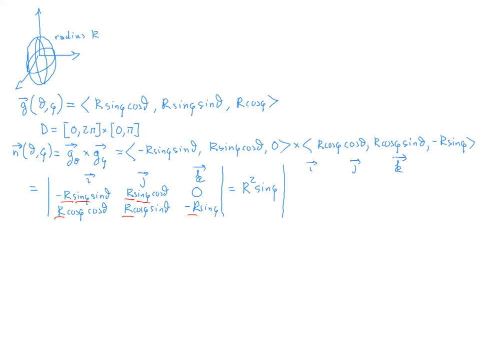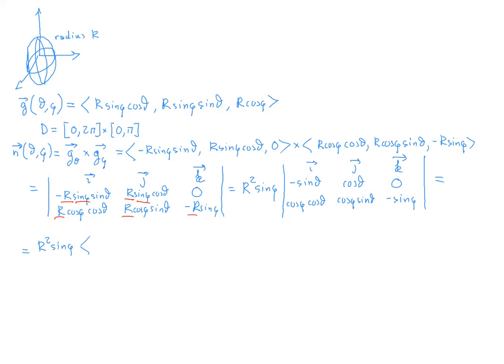So we will have minus sine theta, cosine theta, and 0. And then we have cosine phi cosine theta, cosine phi sine theta, and minus sine phi. Okay, so that should be a doable computation. r squared sine phi.